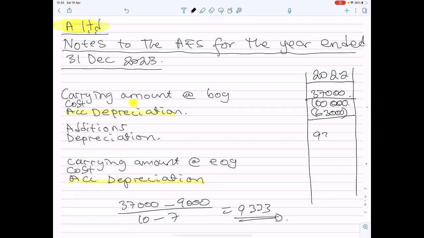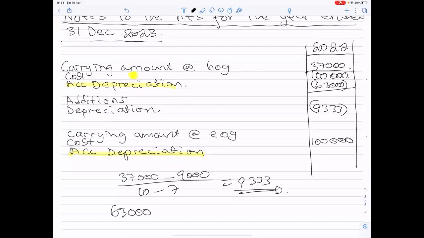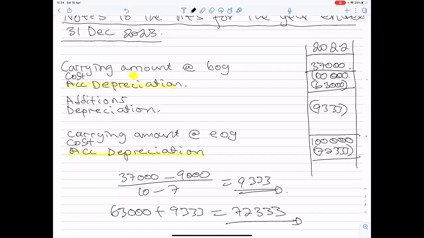So depreciation will be 9,333. Then cost is still 100. Accumulated depreciation will be 63,000 plus 9,333. I'm getting 72,333. Yes. 27,667.